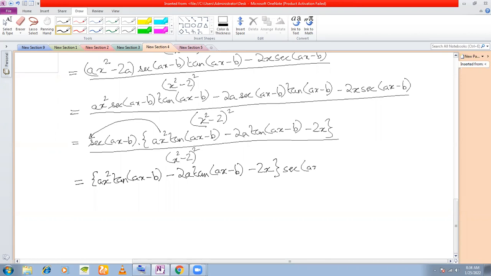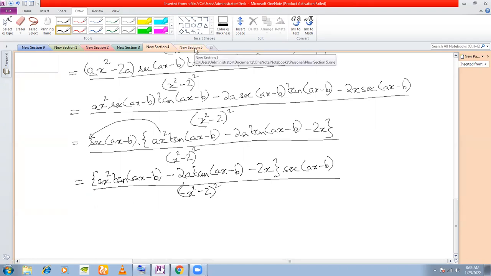Sec(ax minus b), right? Divided by x square minus 2 square. And that is your answer. Okay. So this exercise is over. Any question related to this? No, sir.